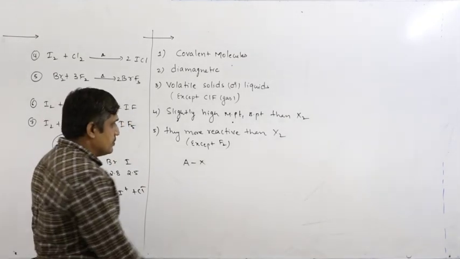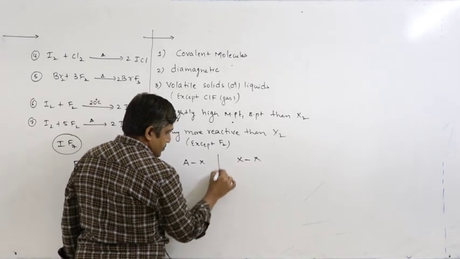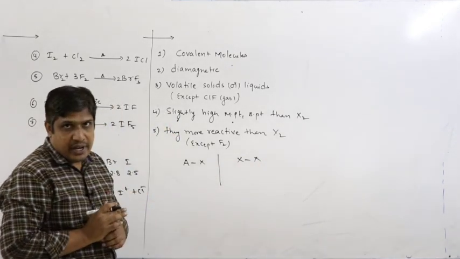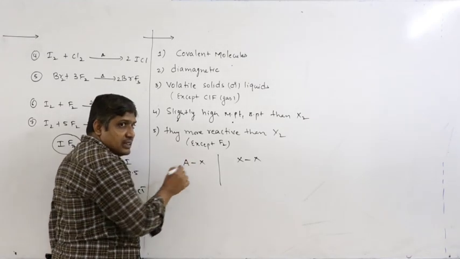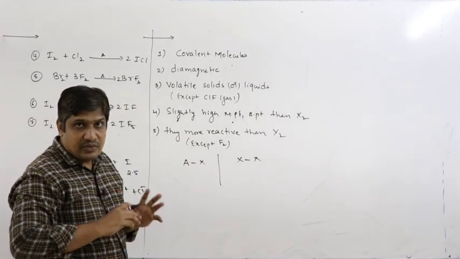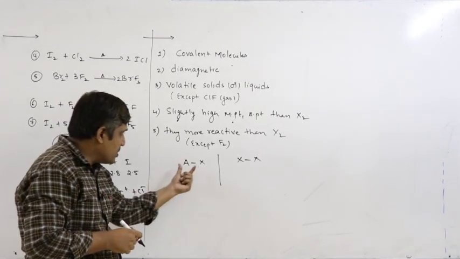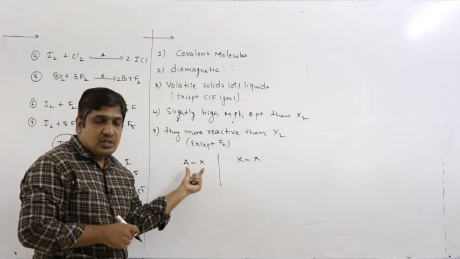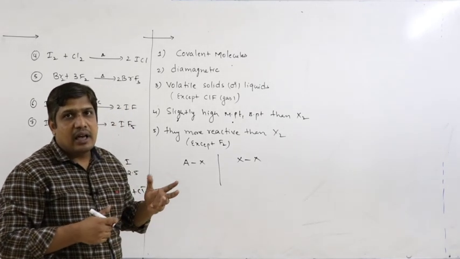If I take an interhalogen compound with an AX bond, and I take an XX bond, except fluorine, which bond is easy to break? The answer is the AX bond, because of the difference in electronegativity, because of the difference in overlapping of the orbitals, because of the difference in size of the bonded halogens; the extent of overlapping is different.